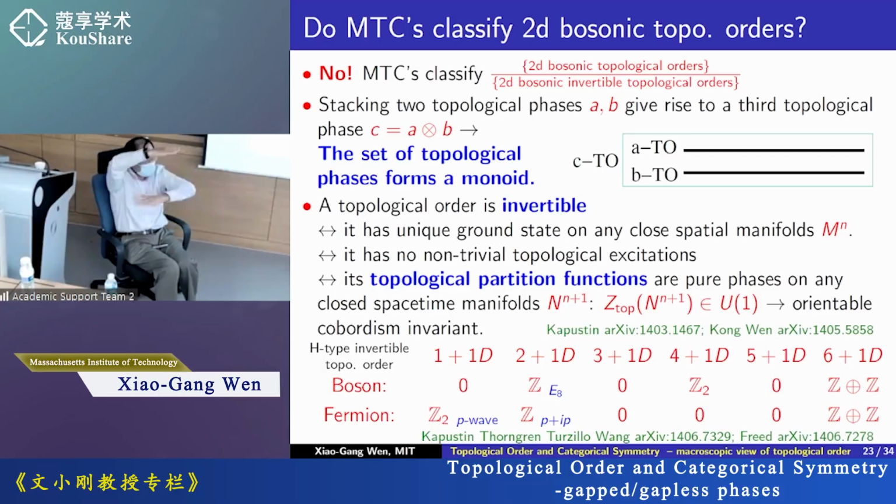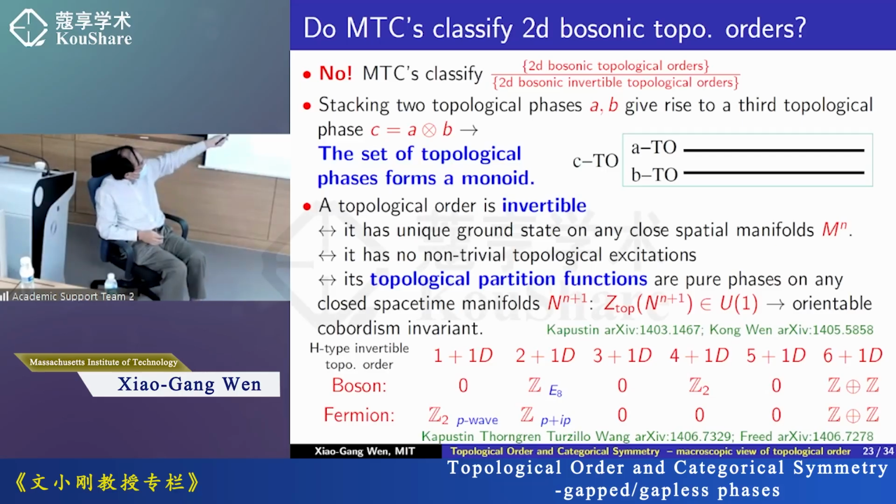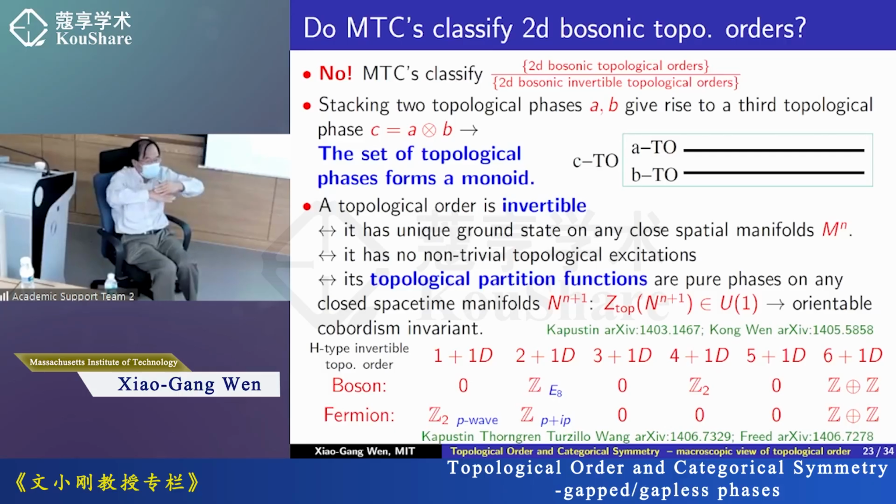Therefore, when you have non-trivial anyons, stacking layers always gives you more anyons, never fewer. That's why the stacking operation is not a group operation but a monoid operation. However, if some topological orders have no anyons, then stacking them still gives no anyons. So they form a group. They have inverses.